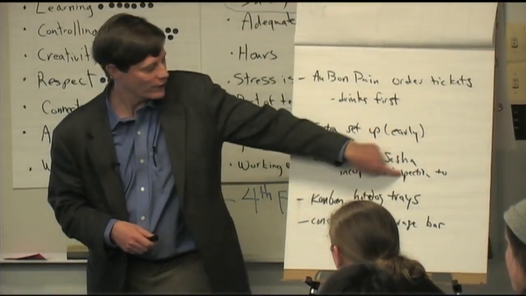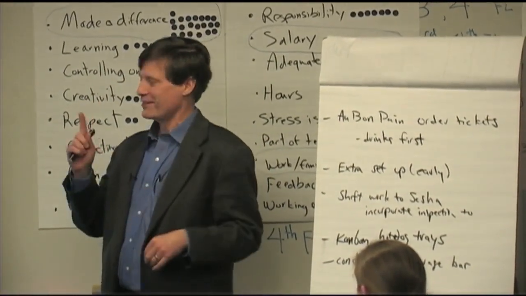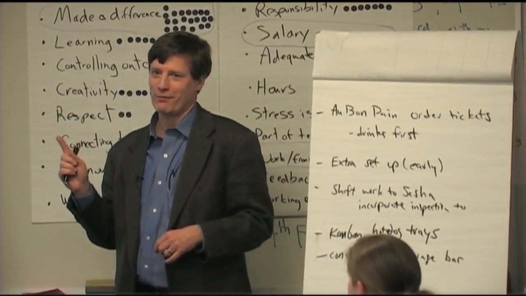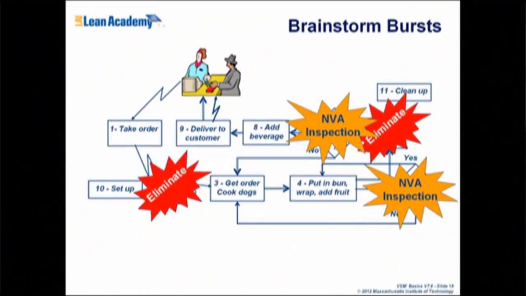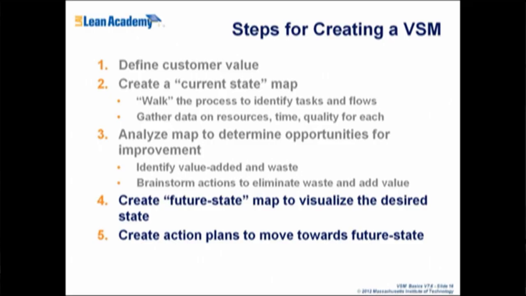The thought of consolidating Sasha's work and the inspection into one step. Into one, yeah. Right? So then you get the quality, but there's no extra step. So it's a good solution to not a priori eliminate inspection, which might lead to quality issues. And balance the work you've already done as well.